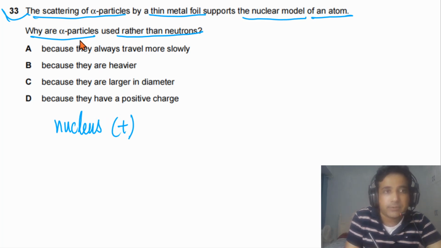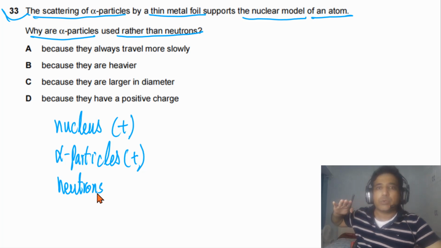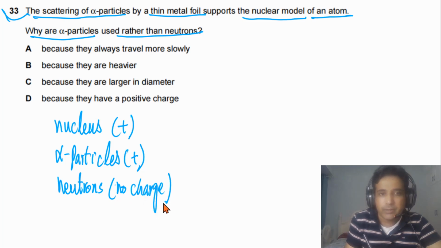That's the reason alpha particles are used, because alpha particles have positive charge, and neutrons have no charge. If we use neutrons, they will just go straight through, so it will be very hard to determine the size of the nucleus. Neutrons are neutral, no charge.